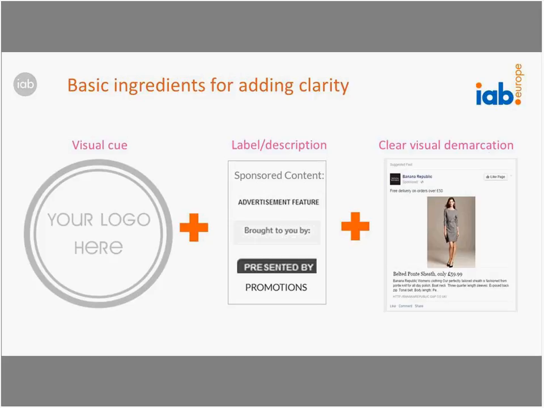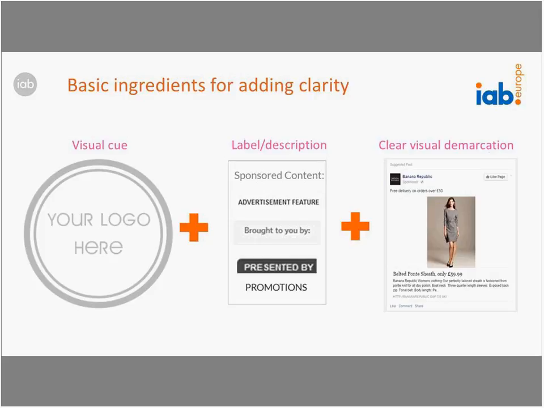So much of what people interact with in digital, whether it's mobile or desktop, is driven by their visual response to it. So visual cues, as opposed to the actual language of the label that sits on a paid ad unit or a piece of content marketing on the publisher's side, are not more important, but they are the first thing that triggers a response and a point of understanding with an audience member. So it's the visual cue plus the label description, which can vary depending on the kind of publication that is running it.